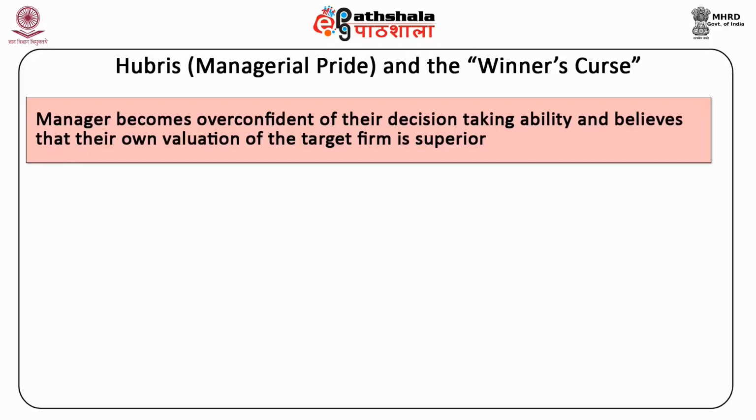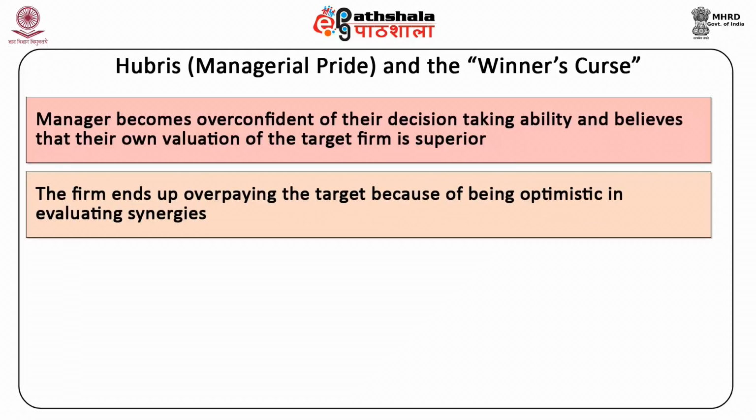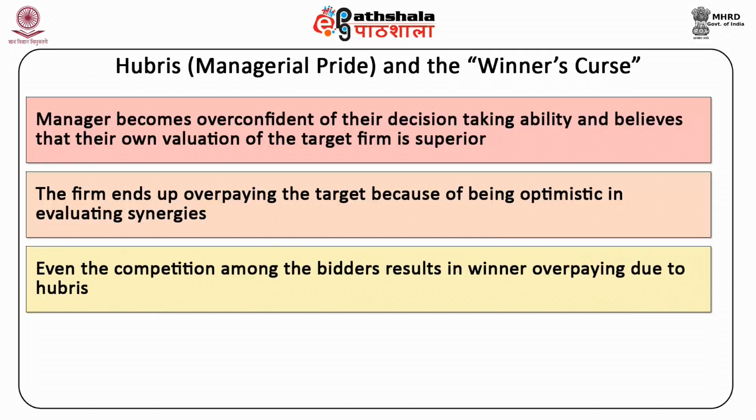Under such a situation, the firm ends up overpaying the target because of being optimistic in evaluating synergies. Even the competition among the bidders results in the winner overpaying due to hubris, that is, arrogance of the managers, irrespective of the presence of synergies.